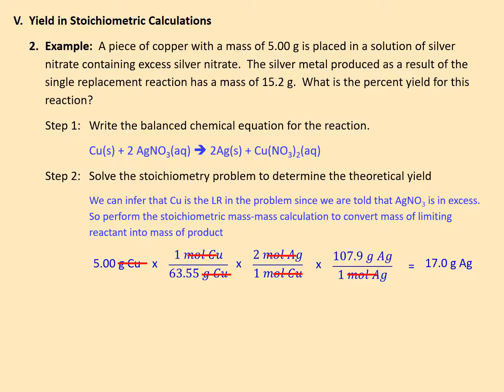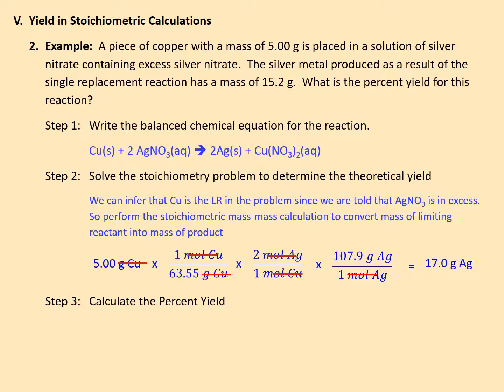So once we know the theoretical yield, which is the 17.0 grams of silver, that is what we predict should be formed by doing the stoichiometry problem. We're now in a position to calculate the percent yield. In the problem, we're told that the silver metal produced as a result of the single replacement reaction has a mass of 15.2 grams.